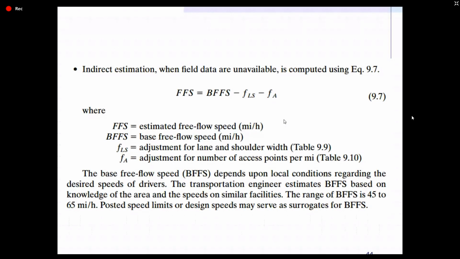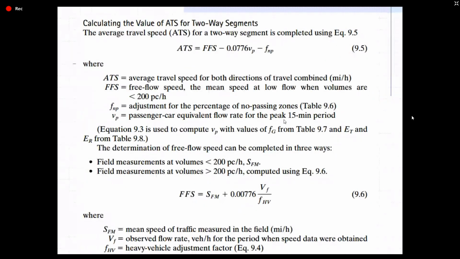So, bihira na ginagamit itong na equation 9.6 na ito. Okay, kasi bibilangin mo pa yung volumes ng vehicle. If it is less than 200, gamitin mo yung formula. If it is not, then you have to think of other formulas or ano yung applicable formulas.